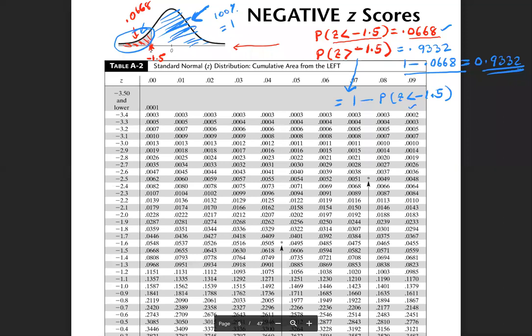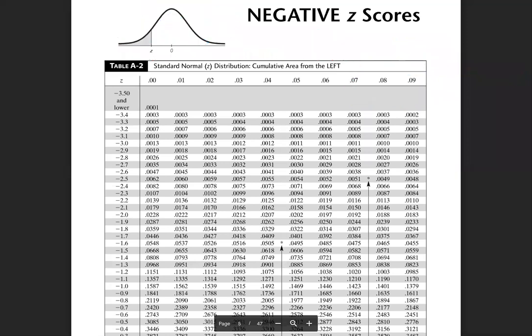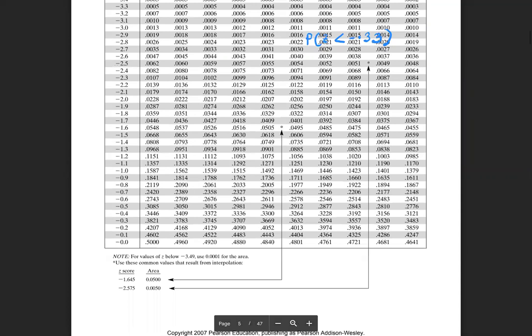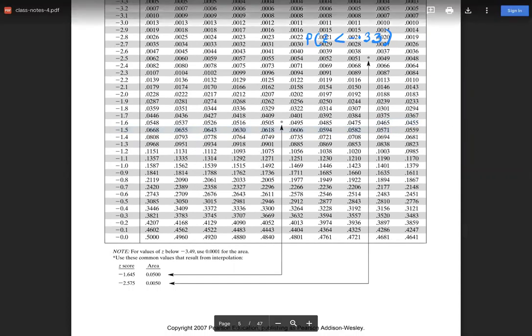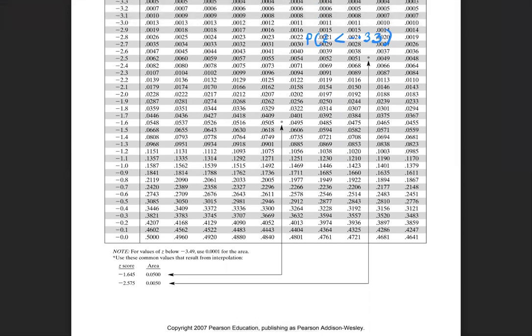Now, let's clean it up and find another example. I'm going to spend a bit of time here. Probability of Z less than negative 0.33. So let's go down here, negative 0.33. 0.3 is right here.